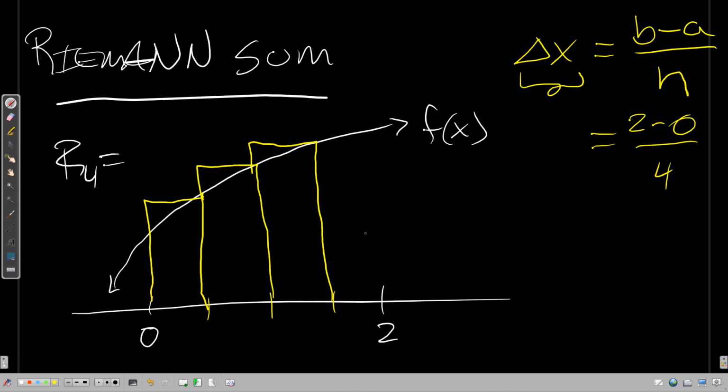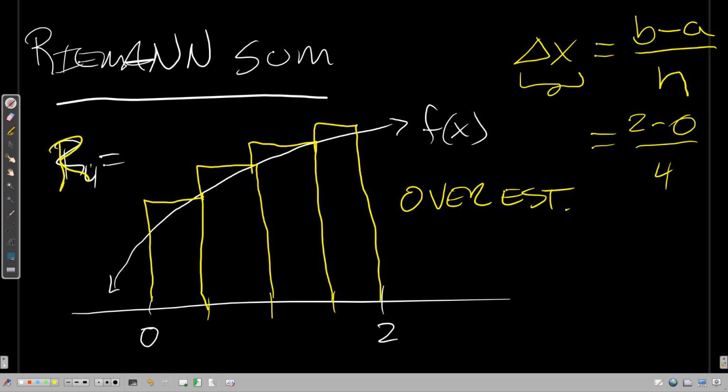And if you draw this picture, let's suppose the question was, are you going to have an overestimate or an underestimate? Well, then this would be an overestimate. If it was a left Riemann sum, like here in the blue, it would be an underestimate. Right? Okay, perfect.